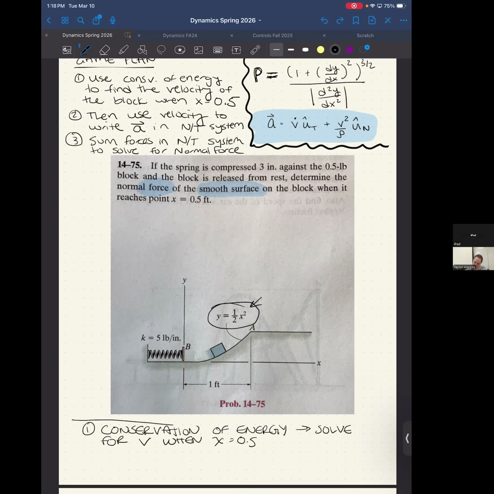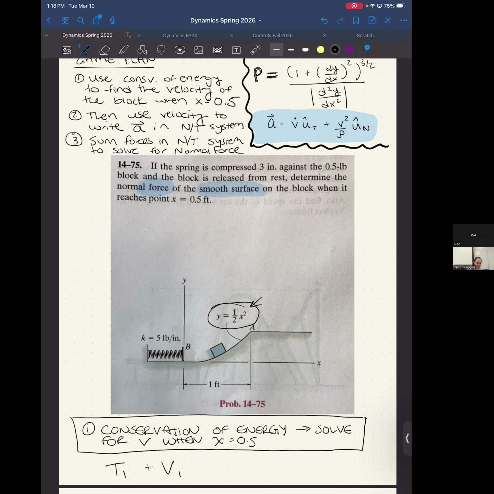Can we assume that it's a pound force that they give us there? You always assume that pounds given are pounds force. To get mass, you have to divide by 32.2. Yes, question. But there has to be an initial velocity.